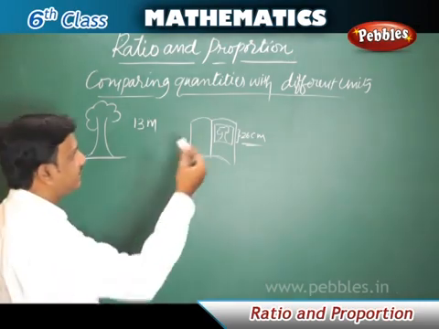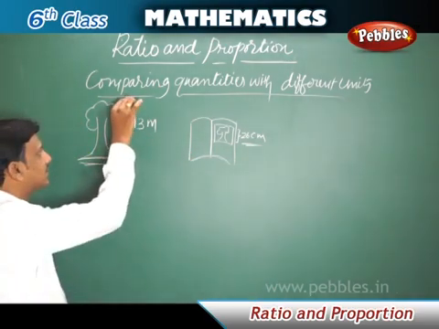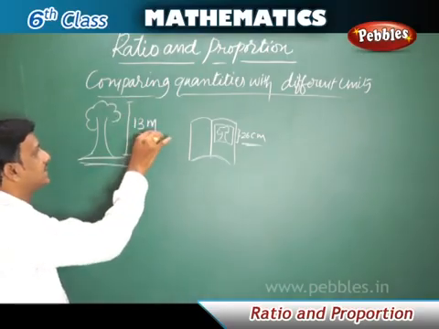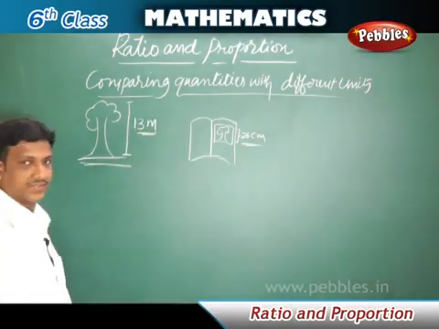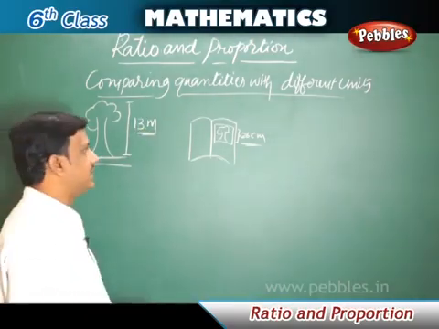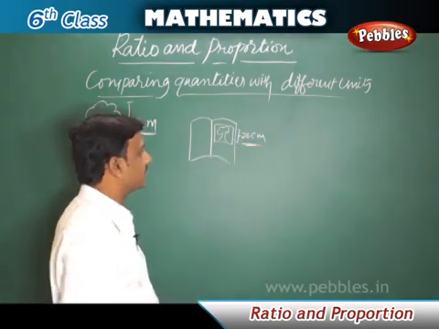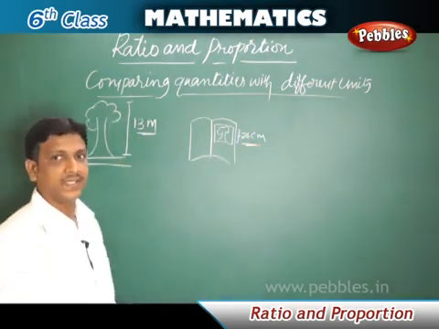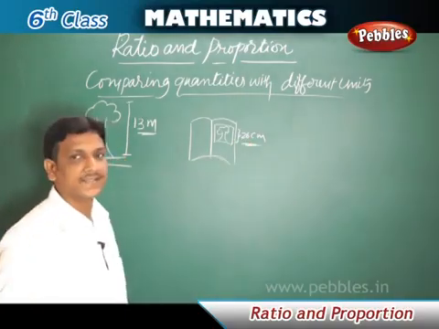Comparing quantities with different units. Now let us see, here is a tree which is of a height 13 meters. The picture of the tree in the book is given with a height of 26 centimeters. So the same tree is printed in a book with a height of 26 centimeters.